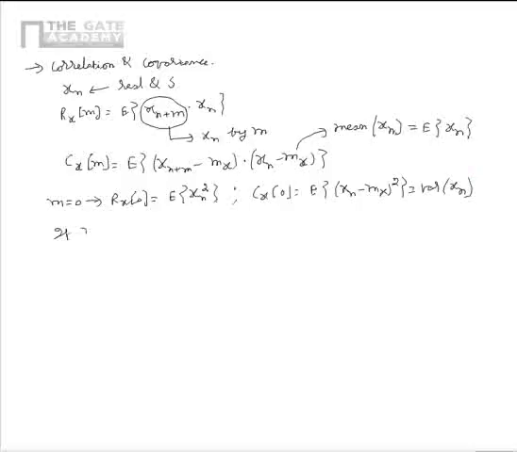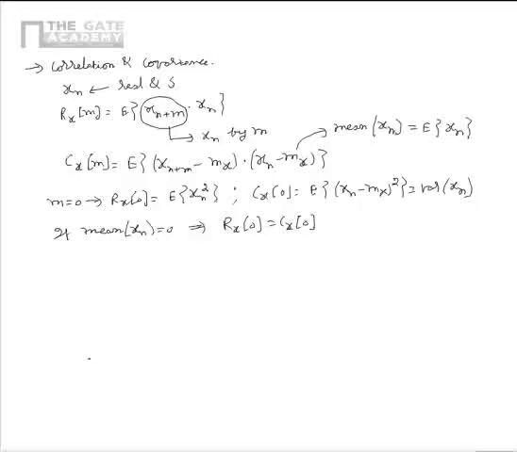Also, if the mean of x(n) is equal to 0, that implies Rx(0) is equal to Cx(0).